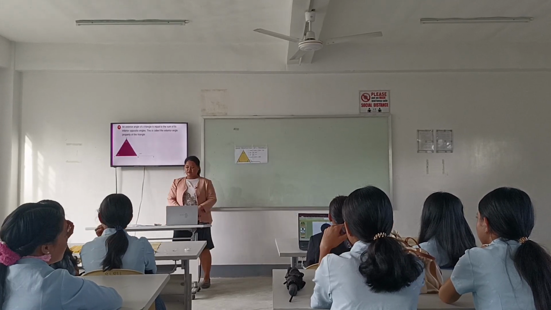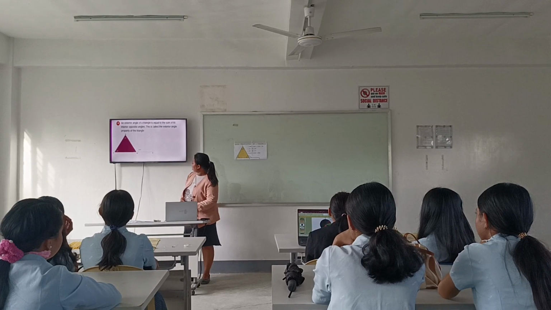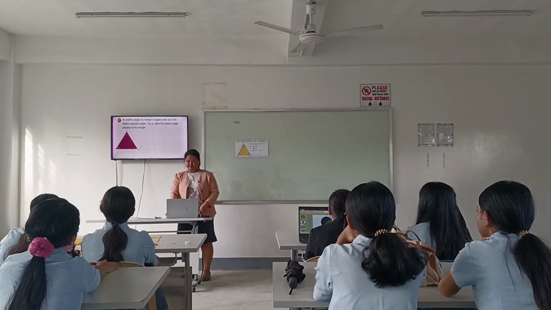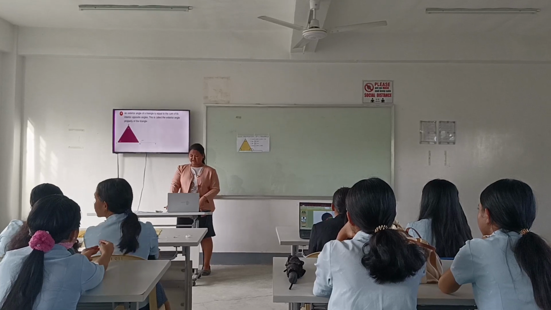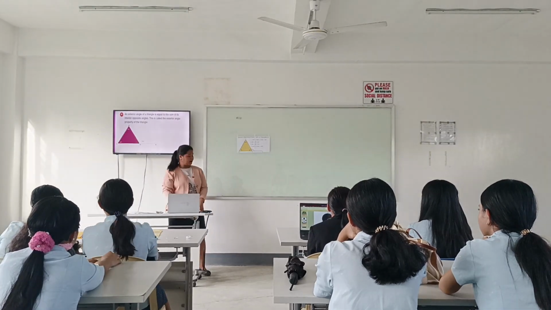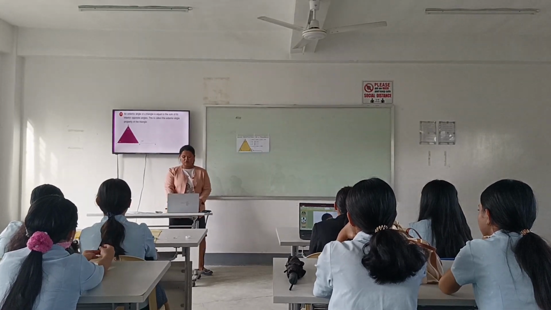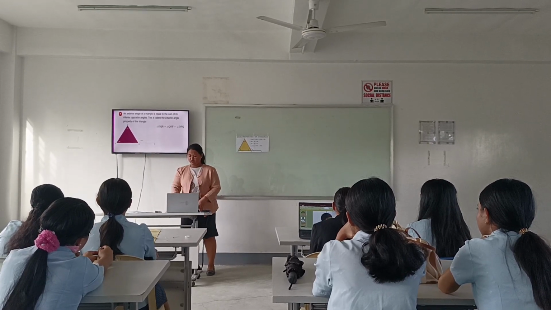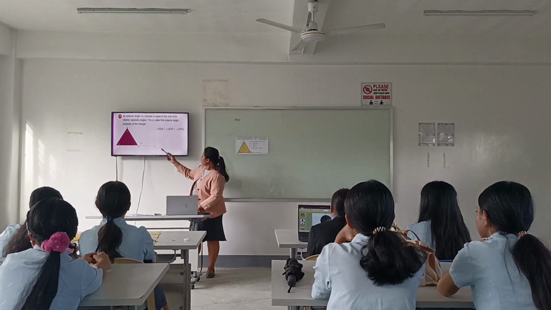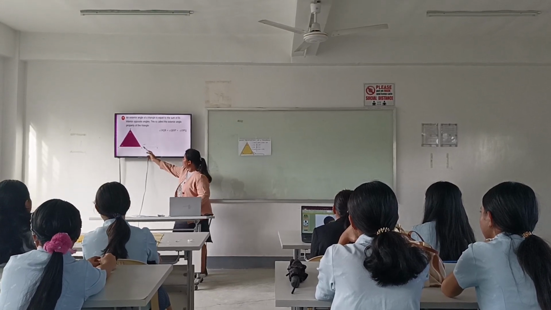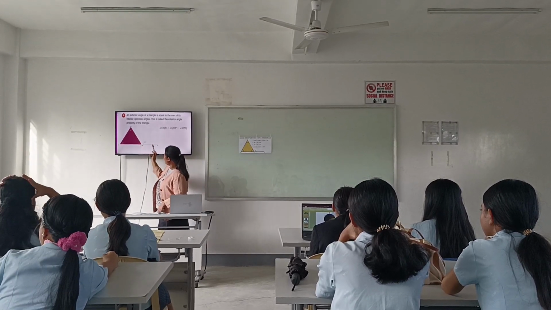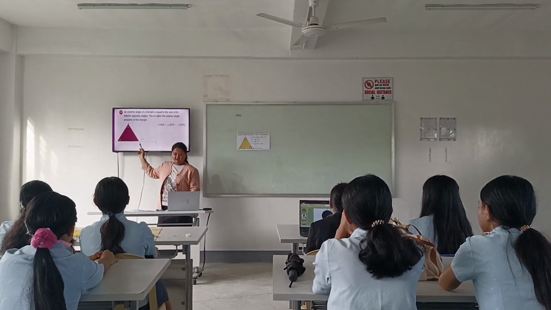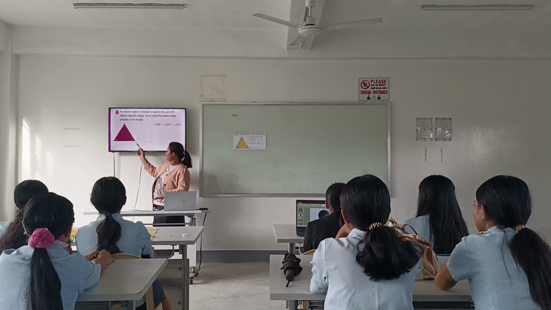Okay, the fourth: an exterior angle of a triangle is equal to the sum of its interior opposite angles. This is called the exterior angle property. For example, the angle OQR is what we call the exterior angle.